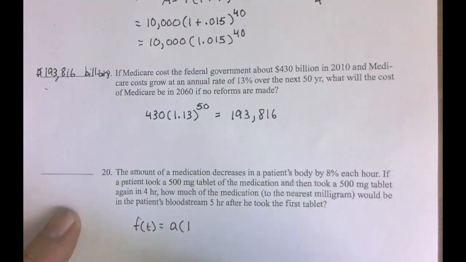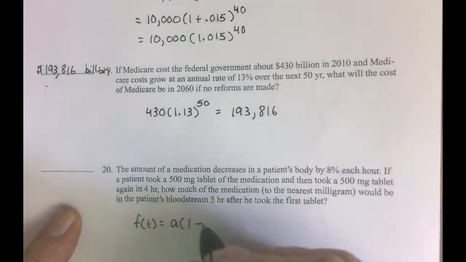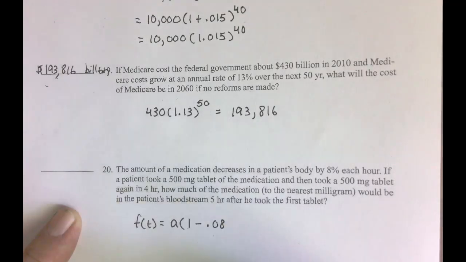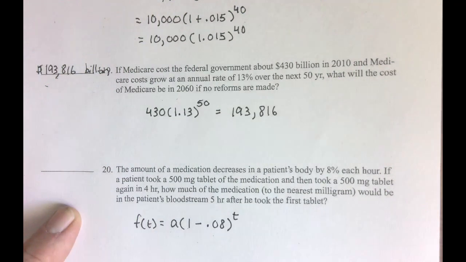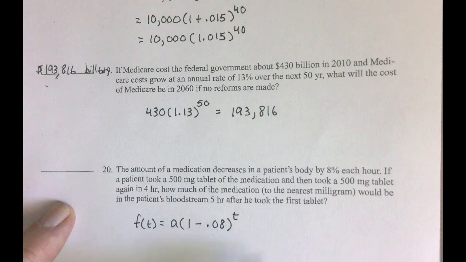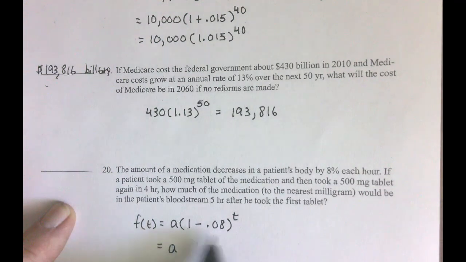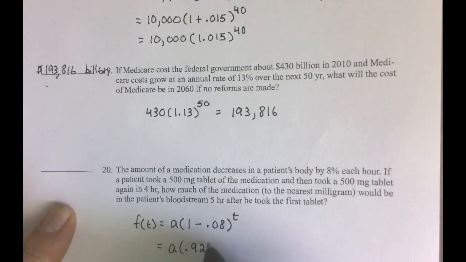So that's going to be 1 minus 0.08. And then up here we're going to have the time. Okay, so let's start by simplifying just that expression right there. We're going to have a. What's 1 minus 0.08? Well, that is 0.92 to the t.